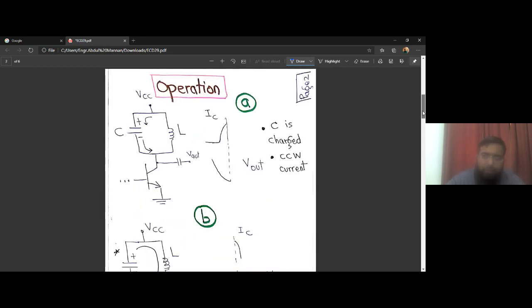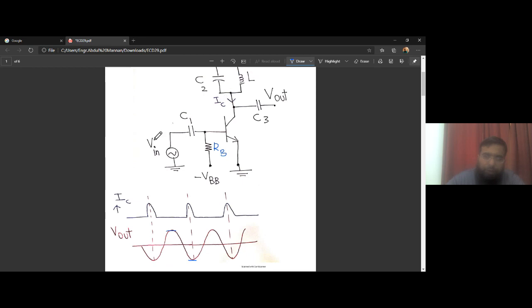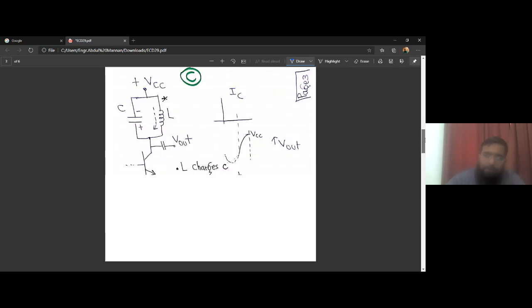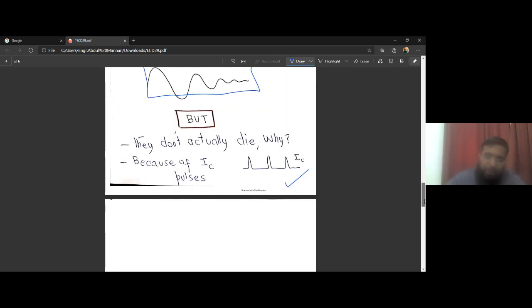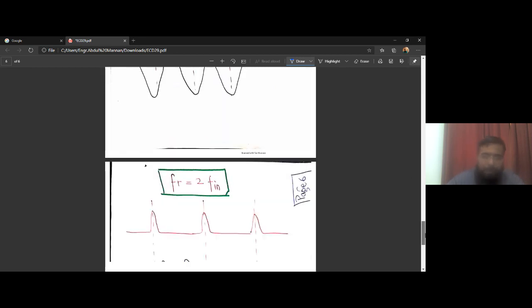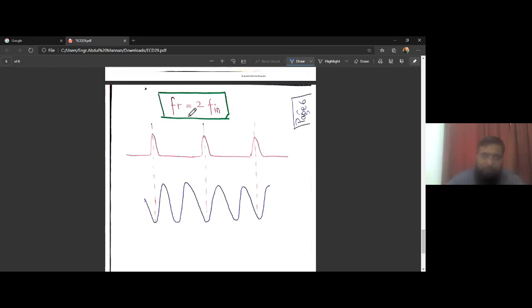Let's go back and check this one. The frequency of this source. If the resonance frequency of this tank circuit is equal to the frequency of this applied signal, we have the output the same as we have drawn earlier, having the same frequency as the input. But it can be a frequency multiplier. If we set FR equal to 2 times Fin, the frequency of the output signal, V out, is doubled compared to the frequency of the input signal.